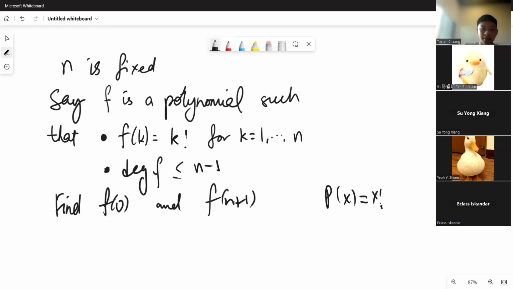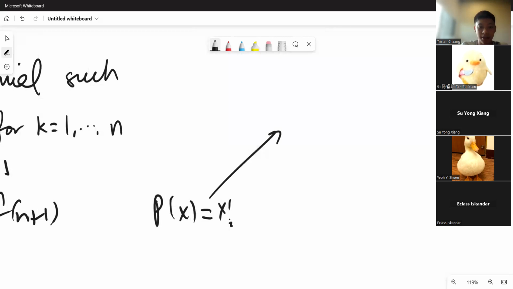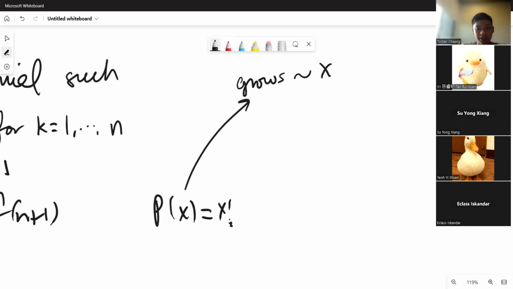In fact, there's another way to look at this. Why does this not exist? Because p(x) grows with the order of x to the n, if the degree is n.